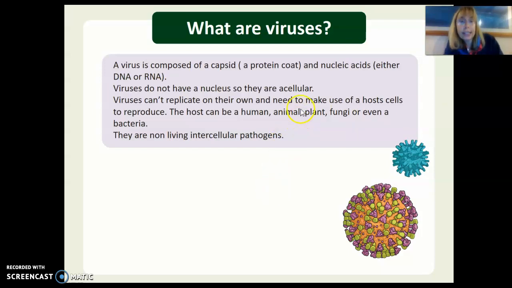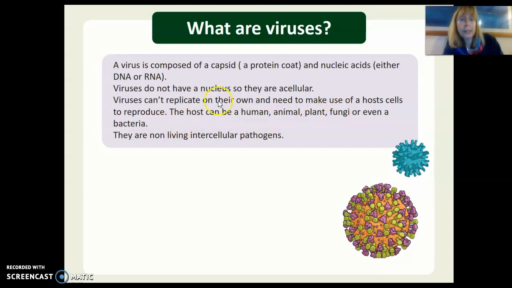So they don't have a nucleus, and that's why we describe them as acellular. They're not a cell. They also cannot replicate or divide on their own. They need to make use of a host cell to reproduce. The host can be a human, it could be an animal, it could be a plant, a fungus, or even a bacteria.